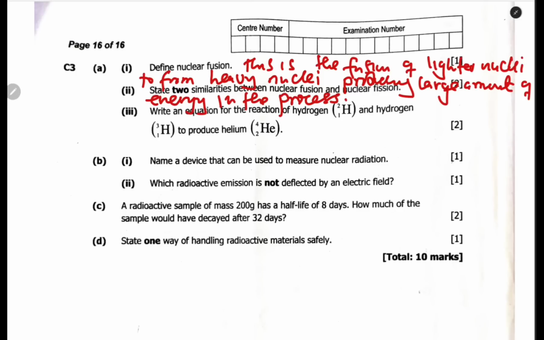So nuclear fusion is simply the fusion of lighter nuclei to form heavy nuclei, producing a large amount of energy in the process. So that is how you can define it.